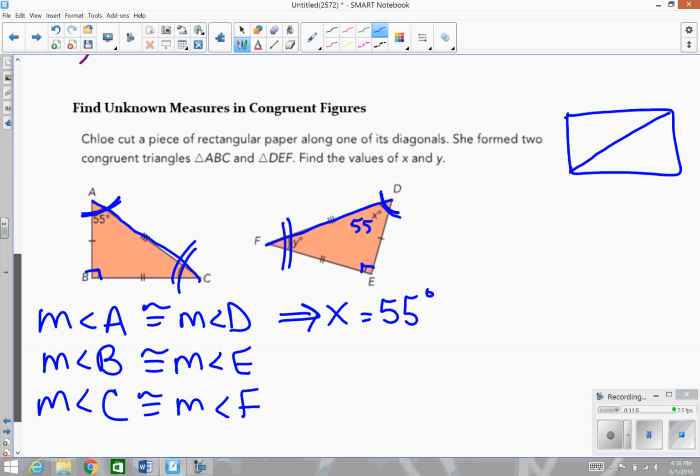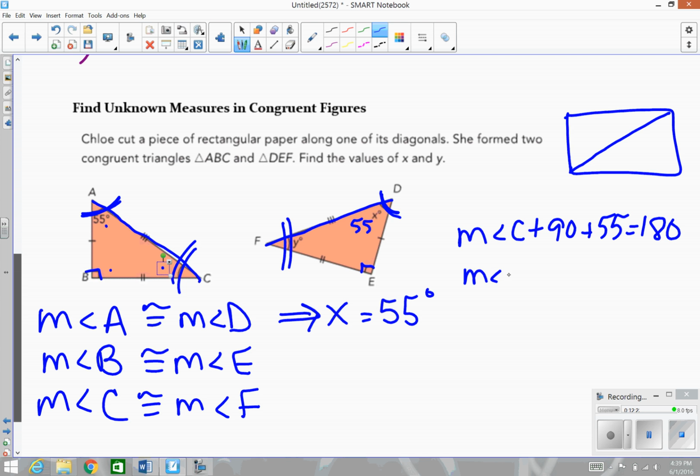In order to find C, we know that the three interior angles of a triangle add up to 180, so we can do angle C plus 90 plus 55 equals 180.